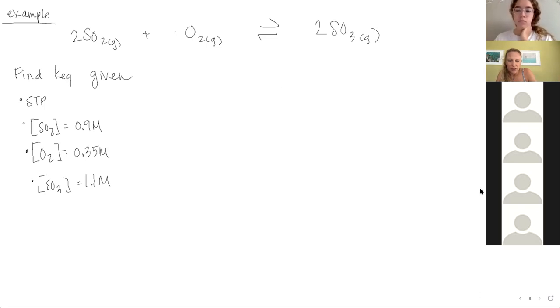Kat, did you still get the same answer? Yeah, I'm trying to think of the rule for that. So I'm thinking that we might need to have it as whole numbers to do the coefficient, but I'm not sure.